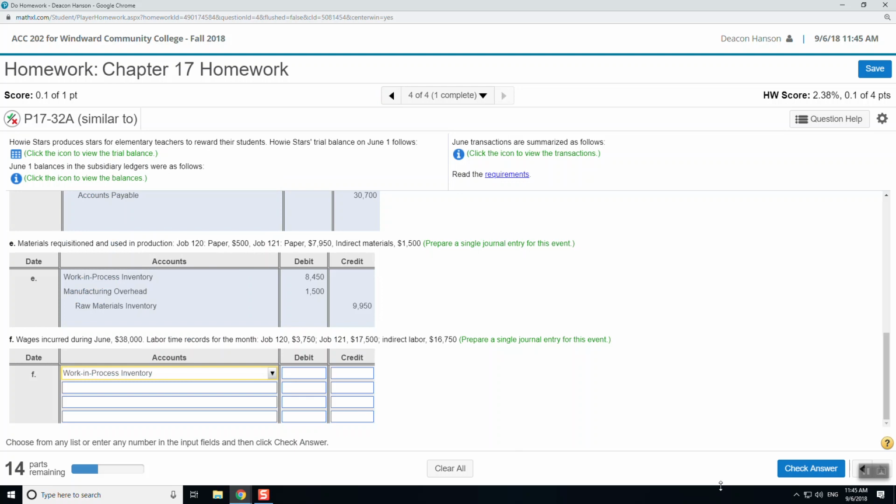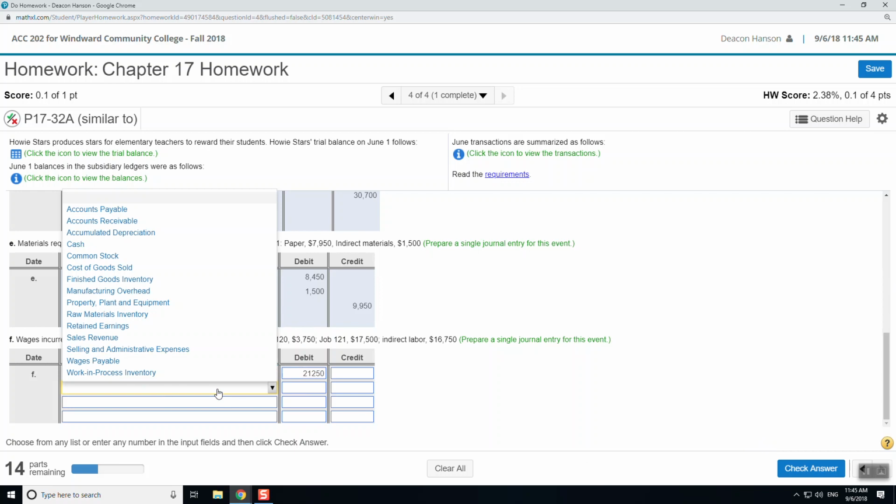That labor cost is going to end up in the finished goods inventory, the product that we're actually going to end up selling. So you might have to help me now. I got 20, do I have 21,250? Double check that. If I add job 120 and 121, Roger, okay.